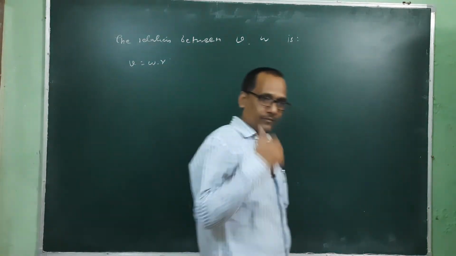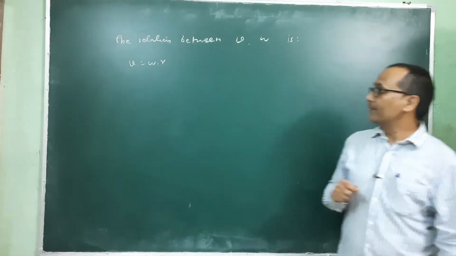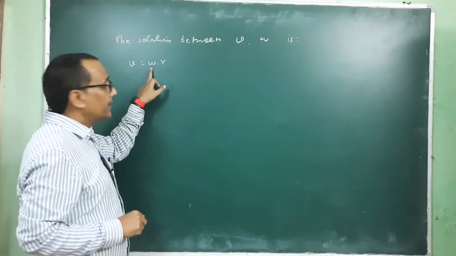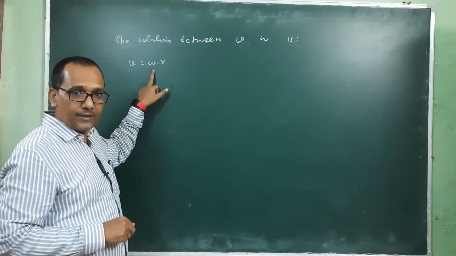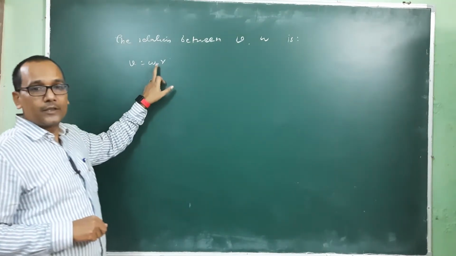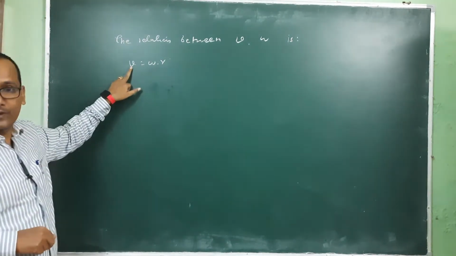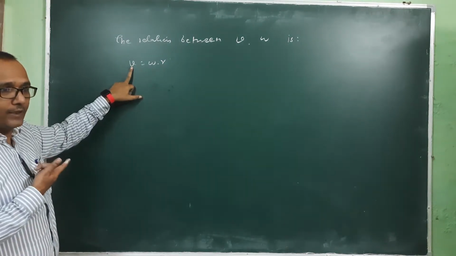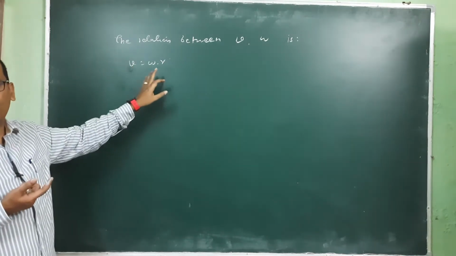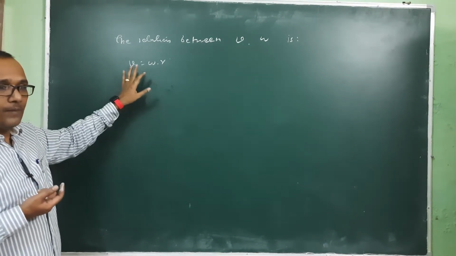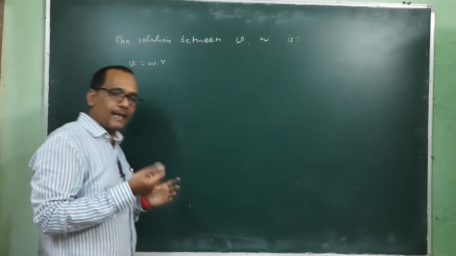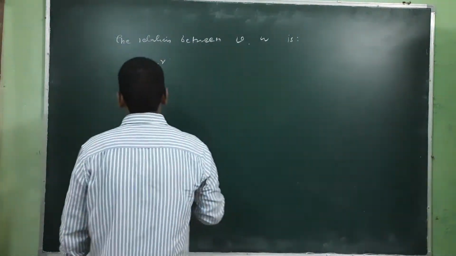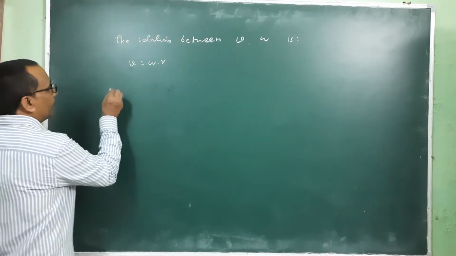Here v is a vector quantity, r is also a vector quantity, and omega is also a vector quantity, but this is not the dot product. If this were a dot product, then the result must be a scalar quantity, but that is not true. So we cannot use this as a dot product. For simple calculation, we take this relation for different derivations, but this is actually the vector product.